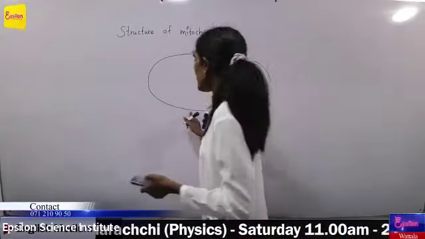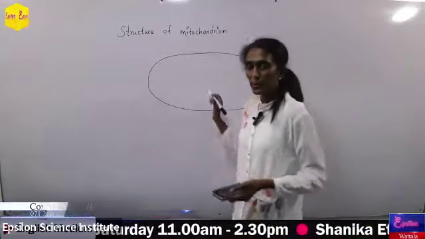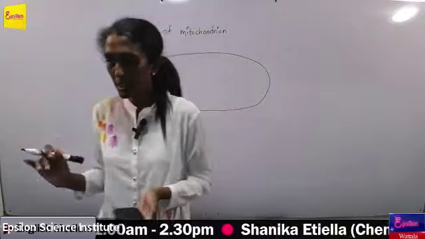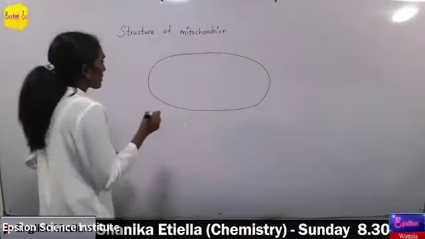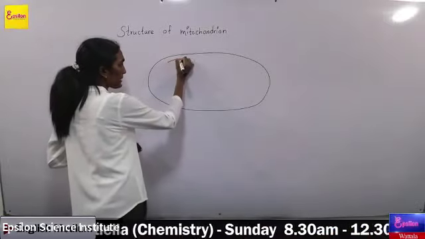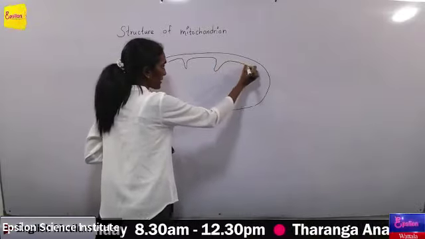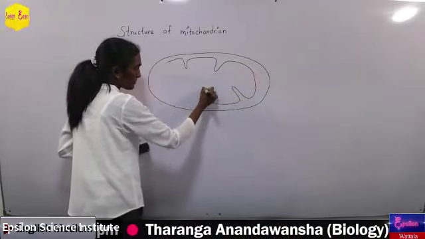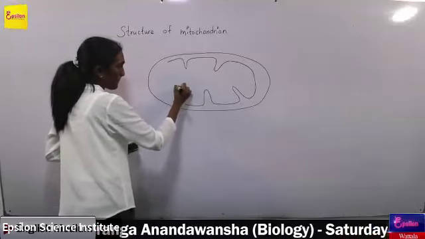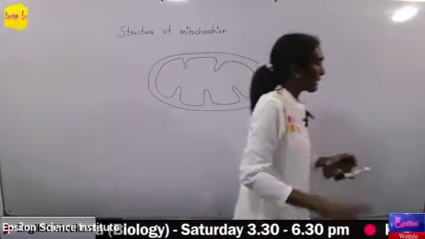Alright. So this is the outer membrane of the mitochondrion. Outer membrane is smooth. There is no convoluted nature. Don't write anything yet. Here the inner membrane is having foldings like this. It is convoluted, right? Label at the same time.